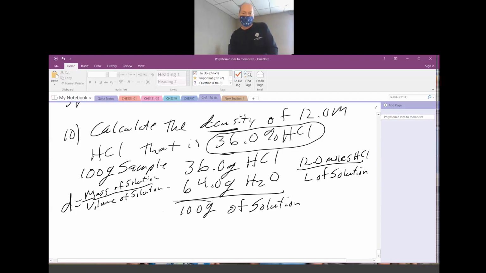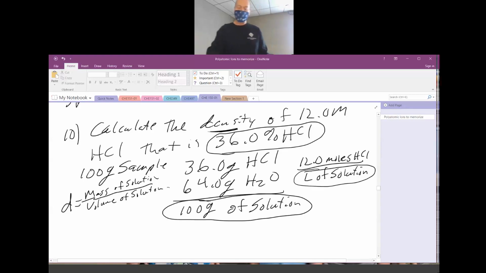So when we want the density, we want the mass of the solution. Well, we got that. It's right here. The mass of the solution is 100 grams. We now need the volume of solution. The only place we have volume of solution is in the molarity, so we have to get our molarity to give us volume of solution. But we do have this: with our 100-gram sample, we know that we have 36 grams of HCl.